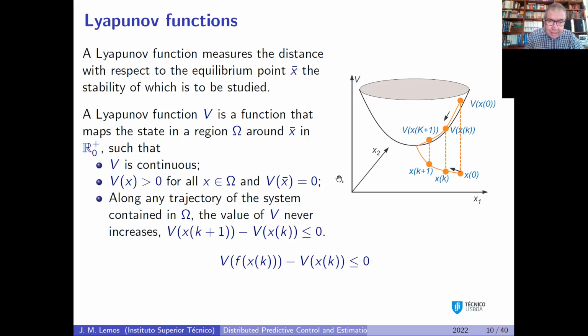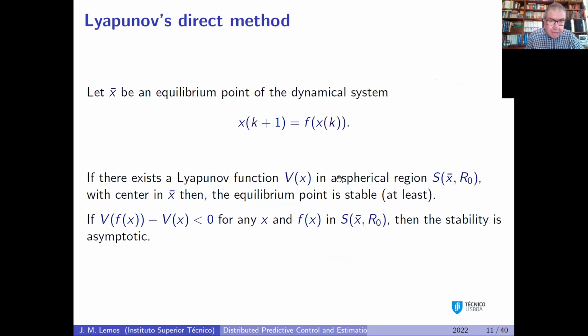this means that your state is approaching the minimum. Okay, this is not a proof, but the proof of the direct method of Lyapunov actually goes along these lines. It's not much more than what I just said. So suppose that we have this dynamic system, x of k plus 1 equals f of xk.